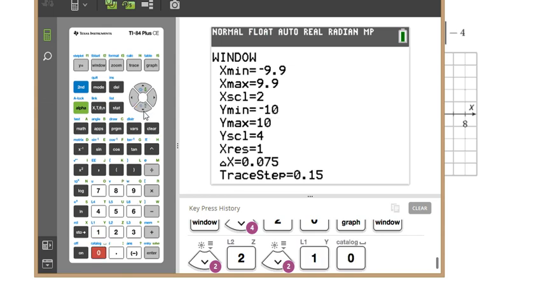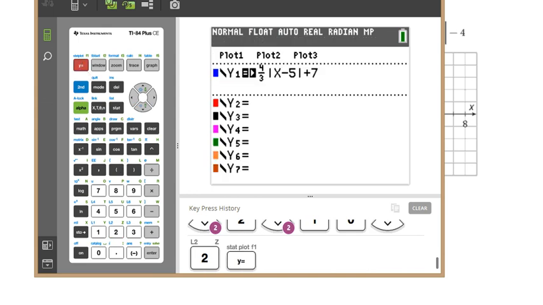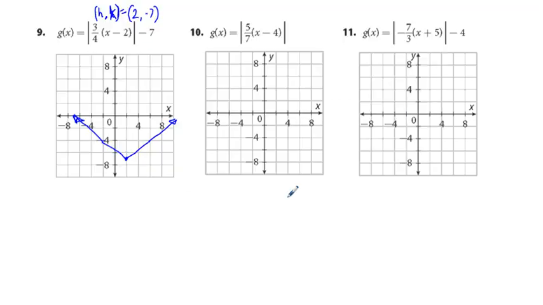Y scale 2. And then for our y equals value here, we go 3/4. We need to delete this here. You've got 3/4, up 3 over 4, x minus 2.